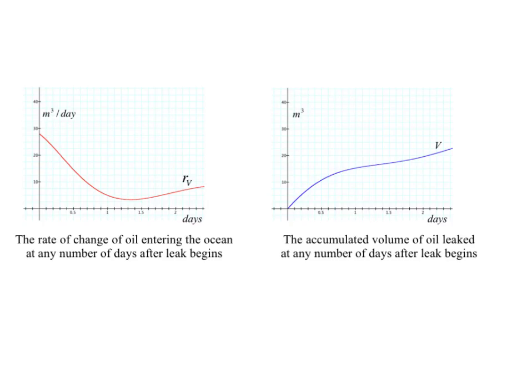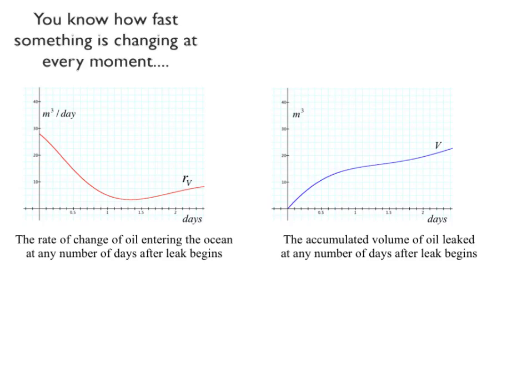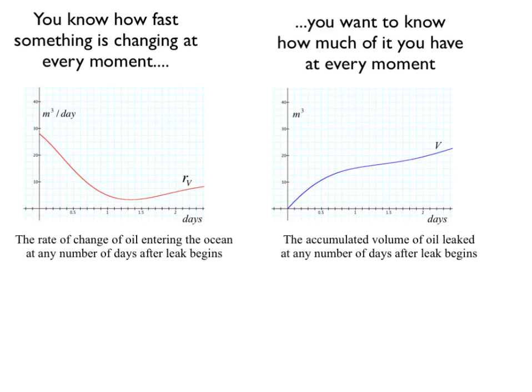In general, it's the idea that you know how fast something is changing every moment, and you want to know how much you have at every moment. So we know what the rate profile is. We want to recover the accumulation profile, whether that's net accumulation or total accumulation.